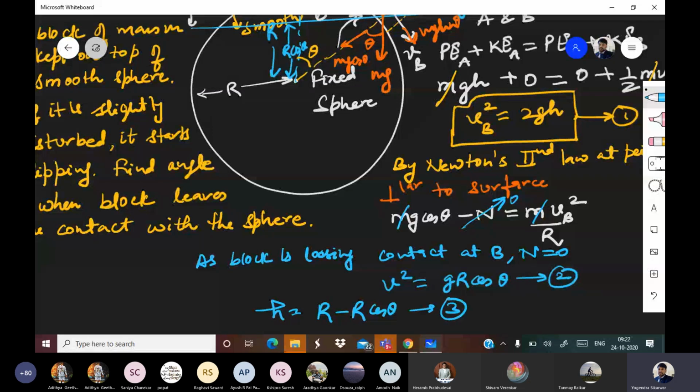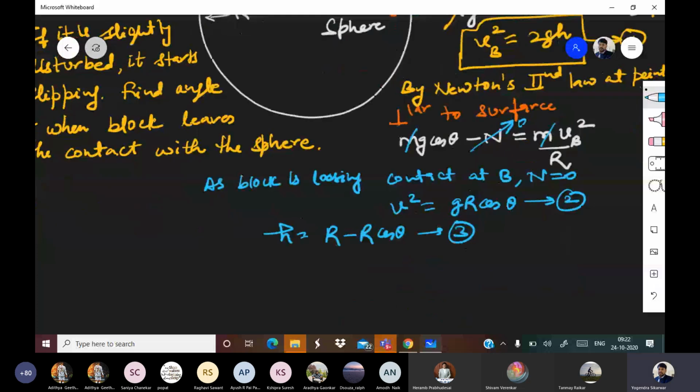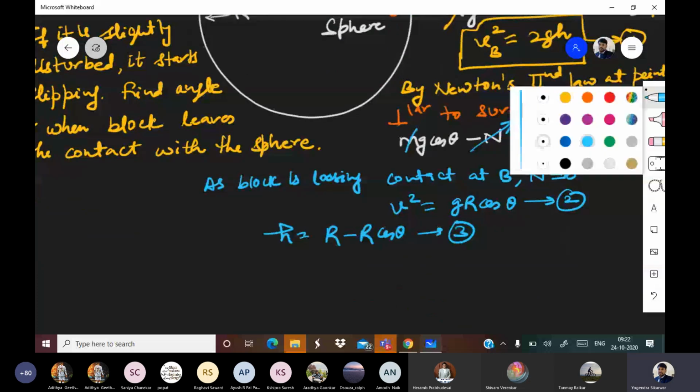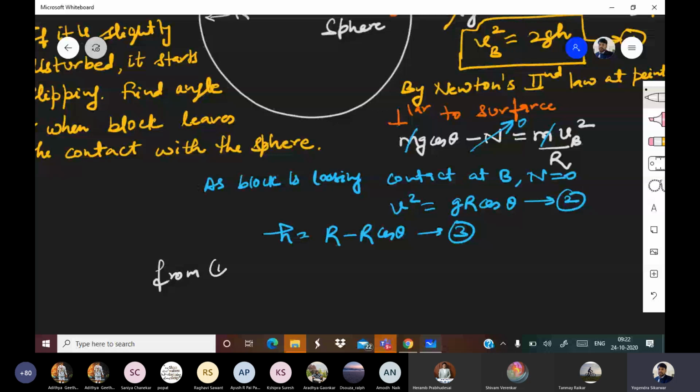So from 1, 2 and 3, what do we get? V square is gr cos theta, and that should be equal to 2gh. H is r minus r cos theta.